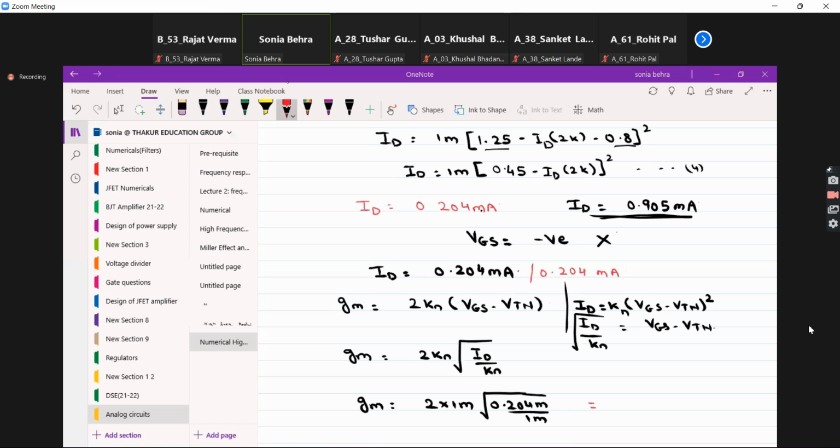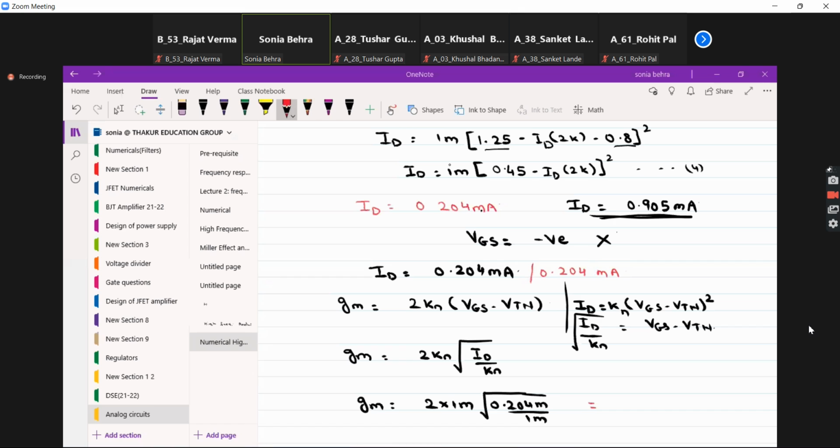Yes, Rohit, it's right. Others, please give me the value of GM. Yes, Tushar, it's right. But is it milli, mega, what is it? Please tell me the units also. Yes, milli. Aditya, please check. Yes, Kushal, it's right. Shruti, it's right. The value is right, the unit is not right.